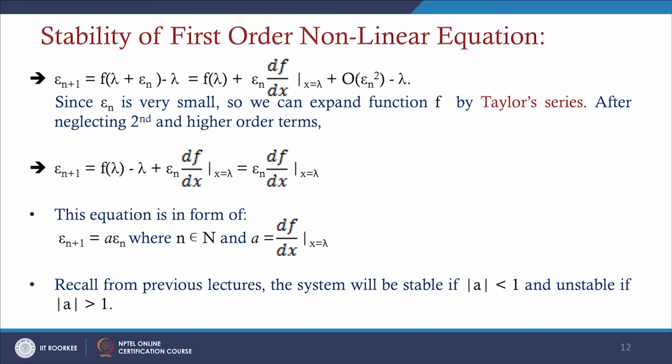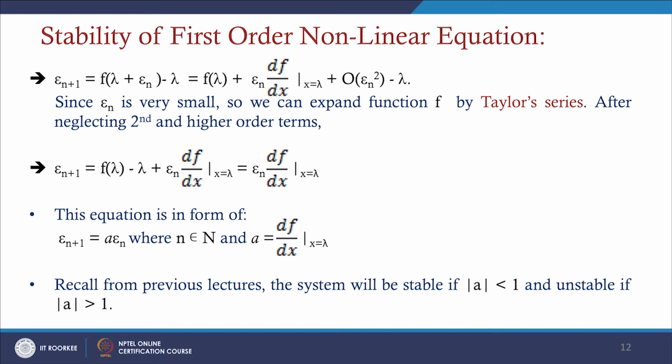So we can write epsilon_(n+1) as f of (lambda plus epsilon_n) minus lambda, which can be handled by Taylor series expansion, since the function is continuous as we assumed and epsilon_n is a very small parameter.